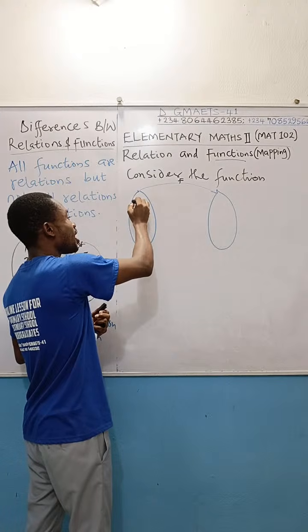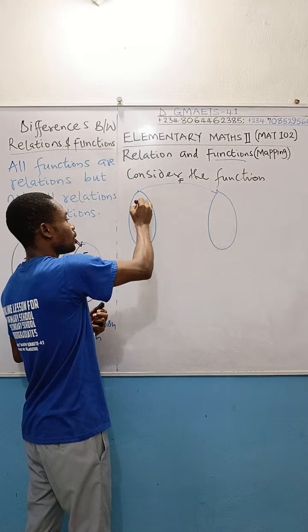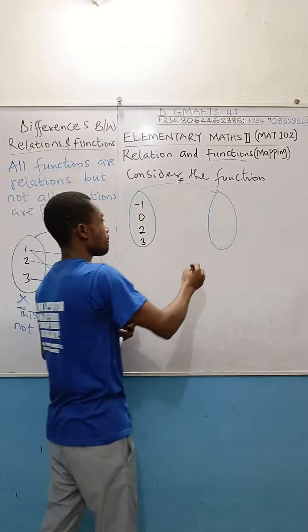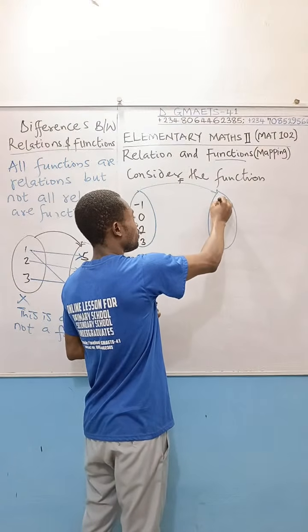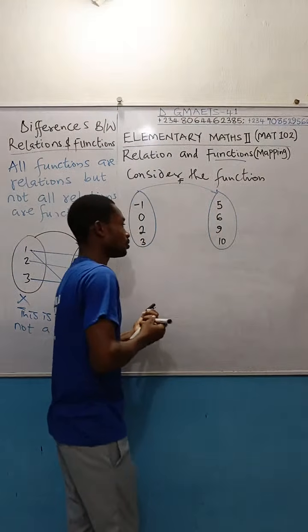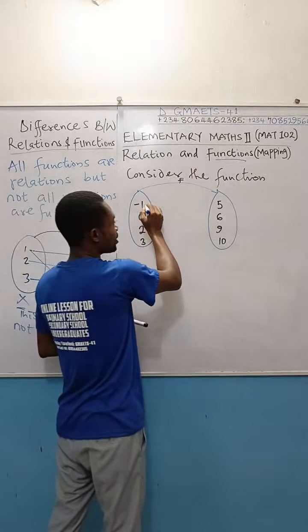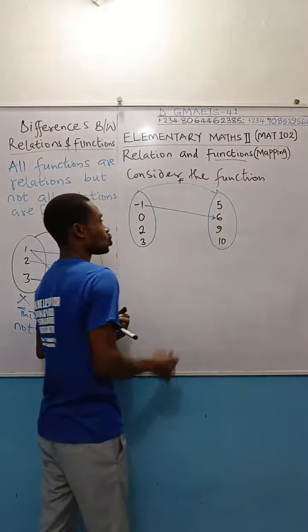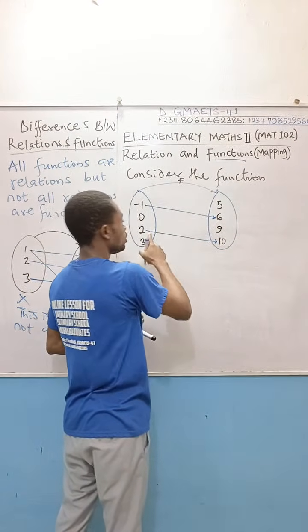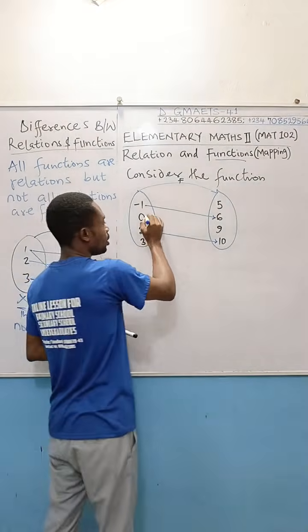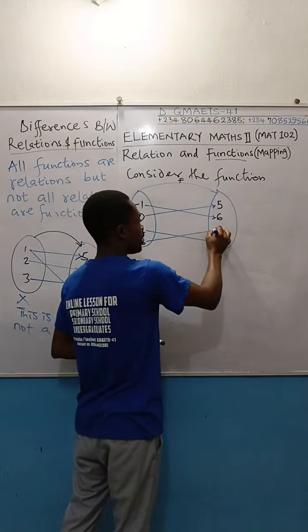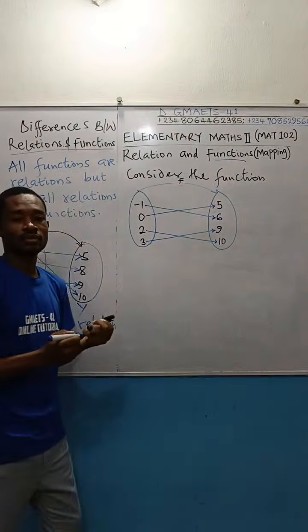So let us say we have -1, 0, 2, 3, and then I have 5, 6, 9, 10. Let us say that I assigned 6 to -1, I assigned 10 to 2, I assigned 5 to 0, and I assigned 9 to 3.